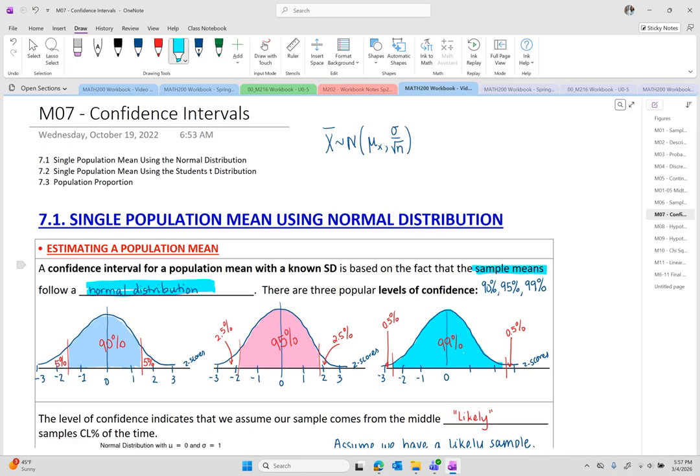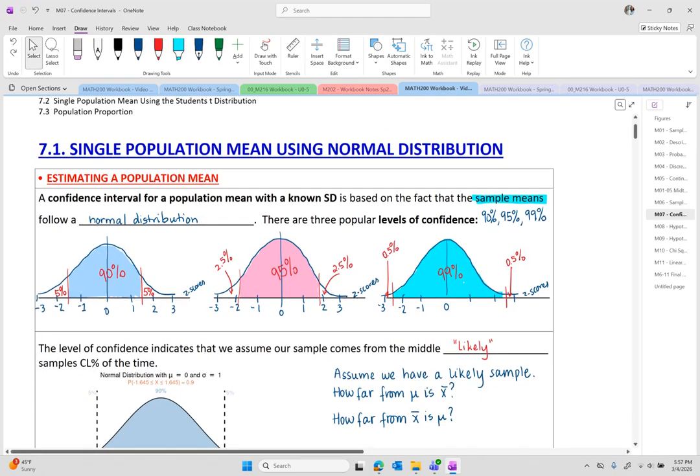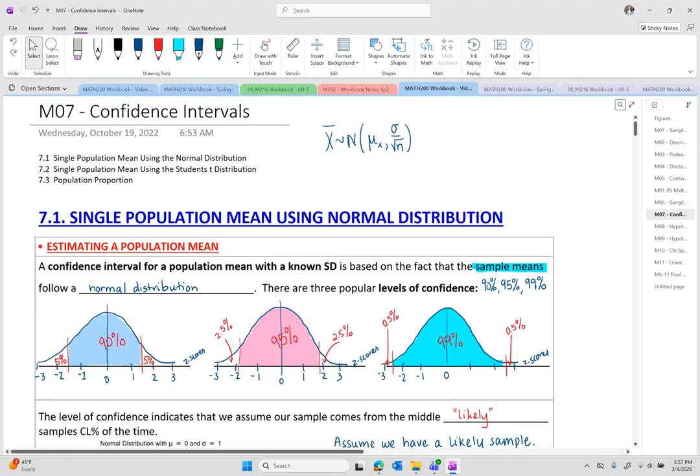And that was regardless of the underlying distribution of the population. And that just required that we are looking at a sample mean. So we know the size of the sample and we are all collecting samples of the same size. We are all asking the same question about a numerical variable, and we are all calculating the mean from the sample.